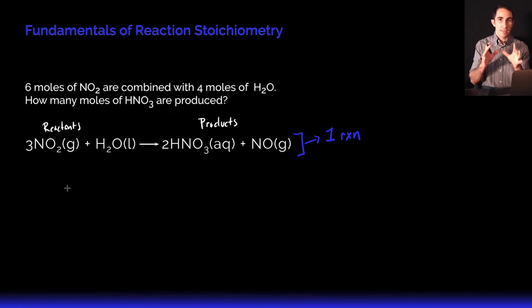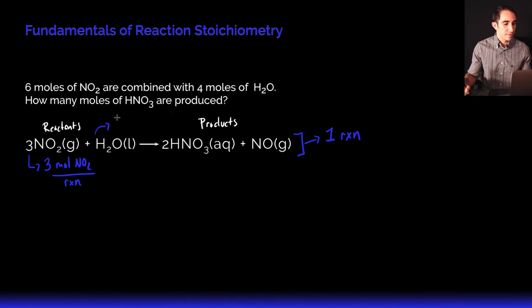And so if you really want to get down detailed about what the values that you see here represent, this 3 right here in front of the NO2 represents that it's going to take 3 moles of NO2 to run one reaction. And even though there's nothing here in front of this water, what that represents is that it's going to take 1 mole of H2O to run one reaction.